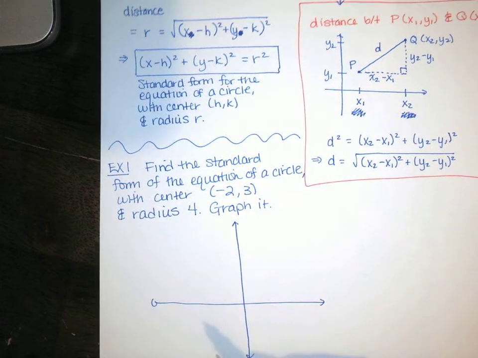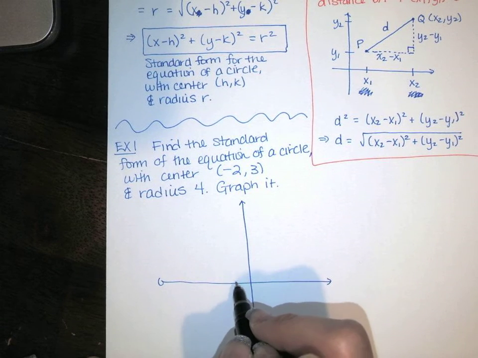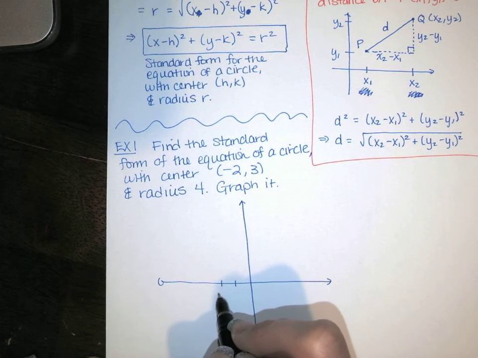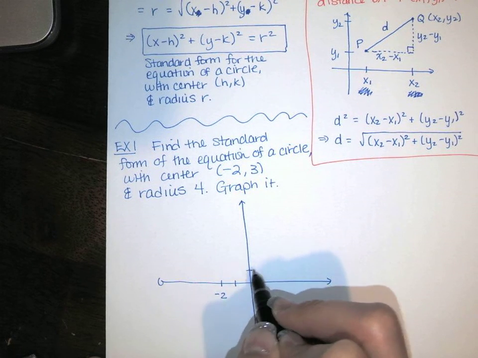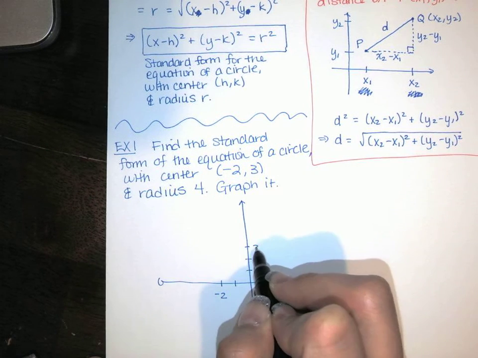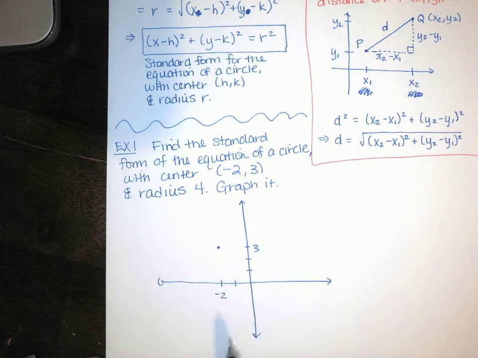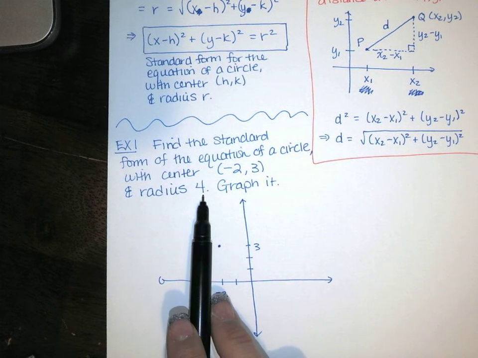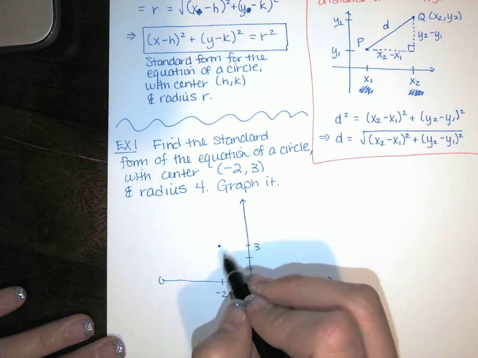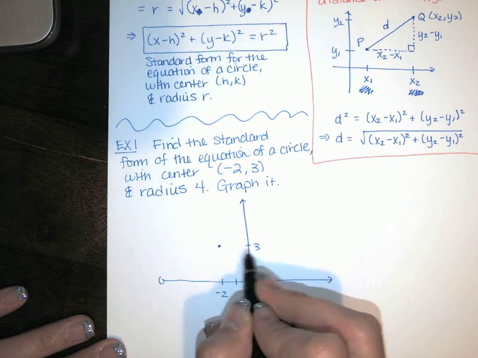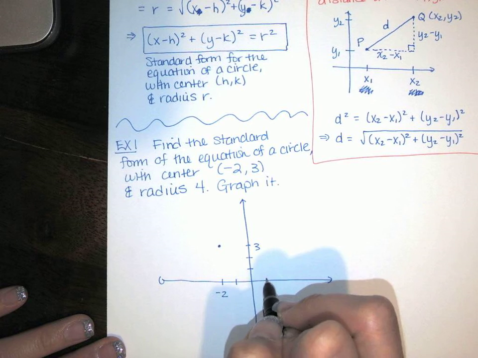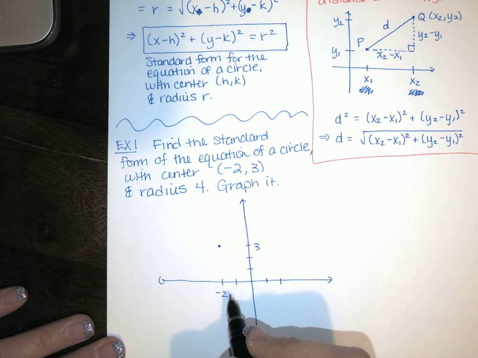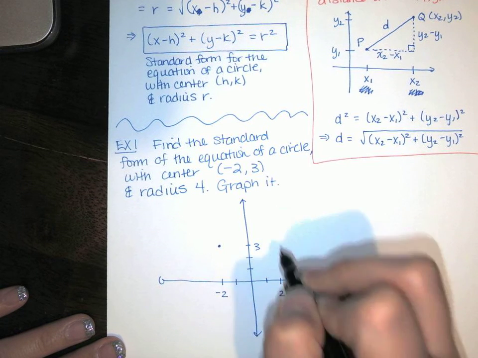So I'm going to plot my center point when x equals -2, y equals 3, and then we want to go 4 units in all directions. So from -2, 3, I want to go to the right 4 units. If I go right 4 units from -2, I'm going to end up at +2.